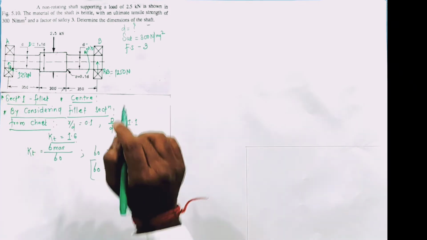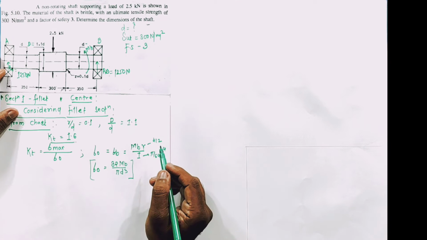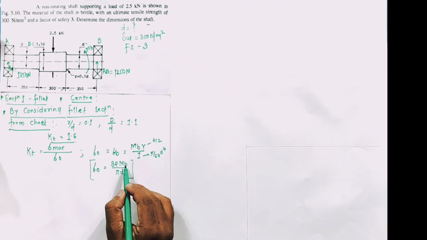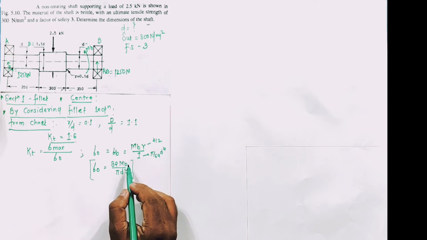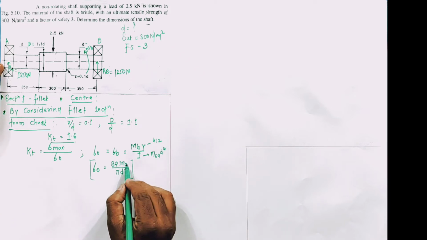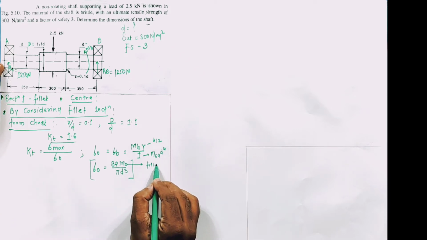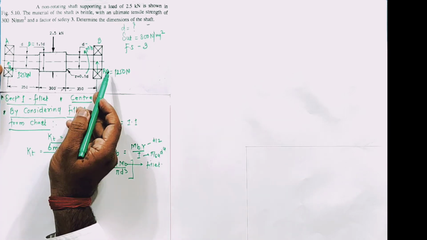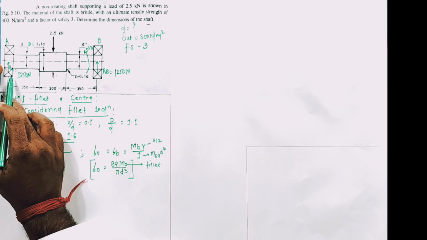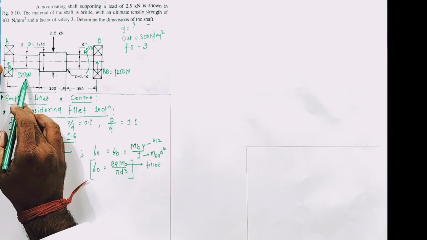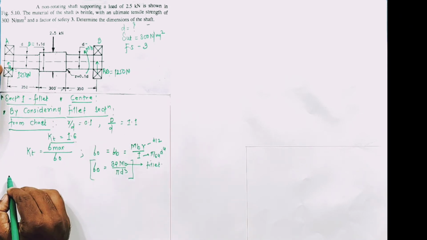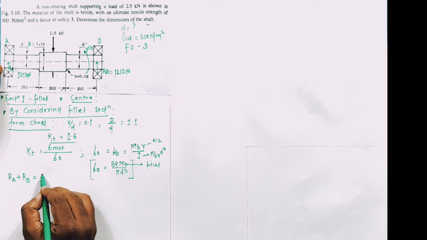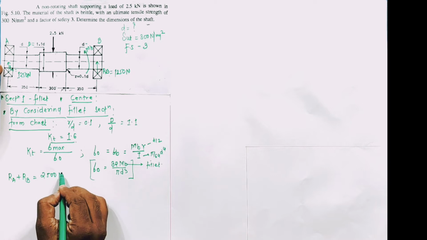So I need to calculate this. For the calculation, you can see I want to calculate the bending moment here. Which bending moment? We have selected it for the fillet. See here, RA, the reactions at A and B, we have seen how much it is: 1250. How? Because we know RA plus RB, again I am repeating, is 2500 Newton.